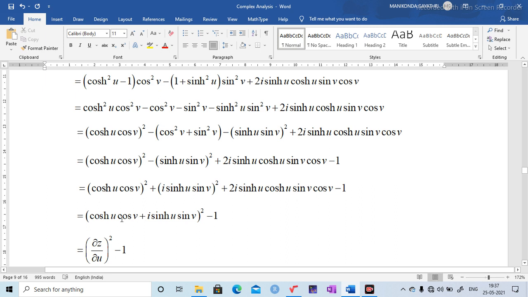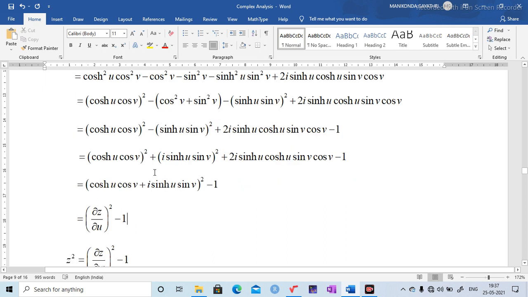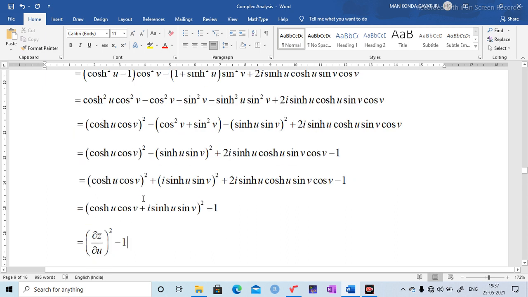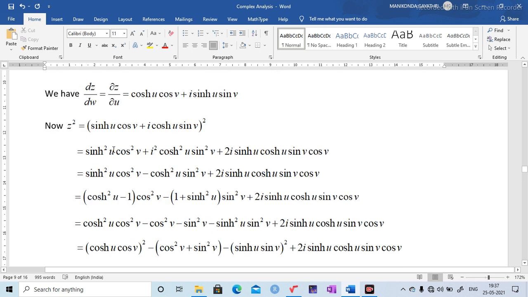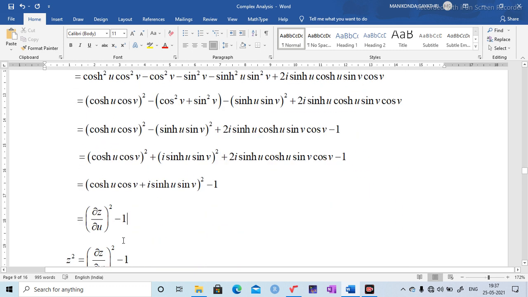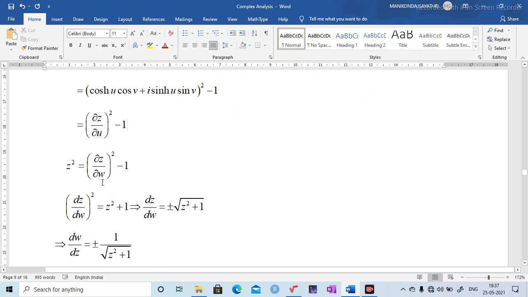So this is a plus b whole square, minus 1 as it is. But this is nothing but dou z by dou u whole square minus 1. So this is the value of z square. This minus 1 goes to this side as plus 1. So dz by dw whole square is this one.